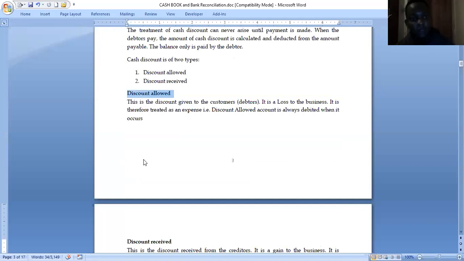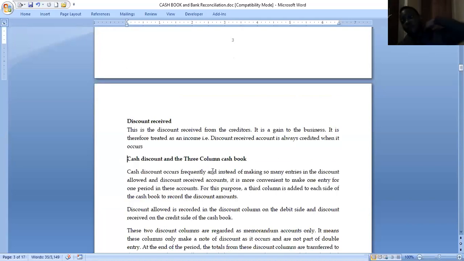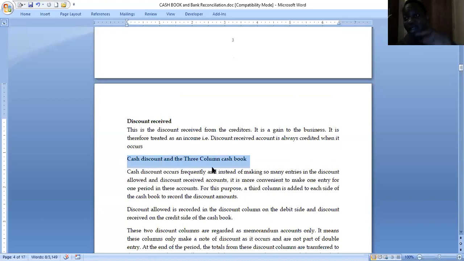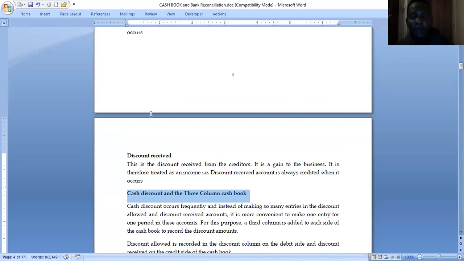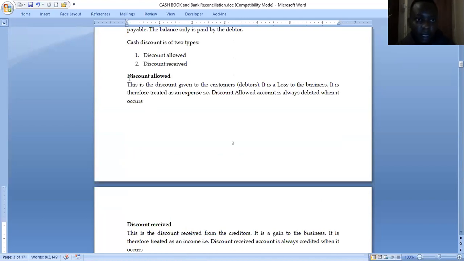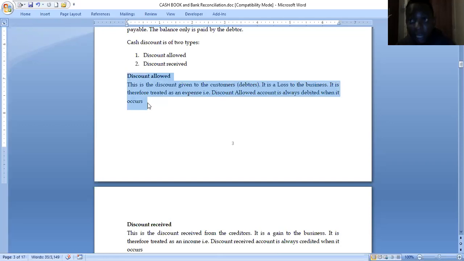So now back to our 3-column cash book. We see that the 3-column cash book has a third column to record discount as it occurs. On the debit side, in the third column, we record the discount allowed.